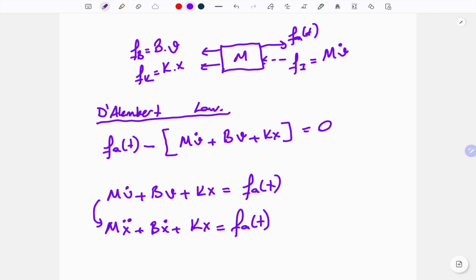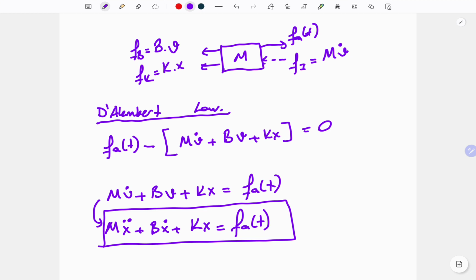So on the left side, we have one unknown parameter, which is the displacement of the system, and it is the smallest variable of the system. So that means it must be one of the state variables of the system. And on the right side, we have the input of the system. So this is the mathematical equation of the given physical system.